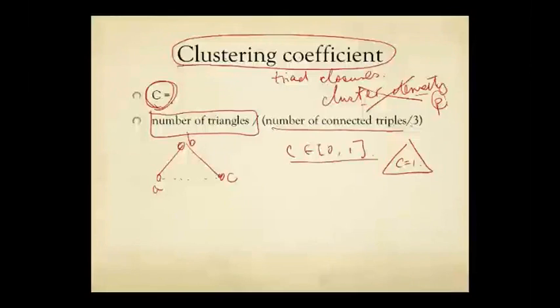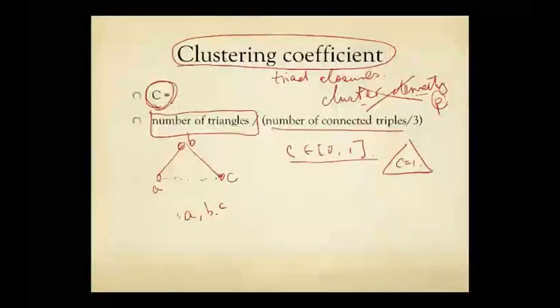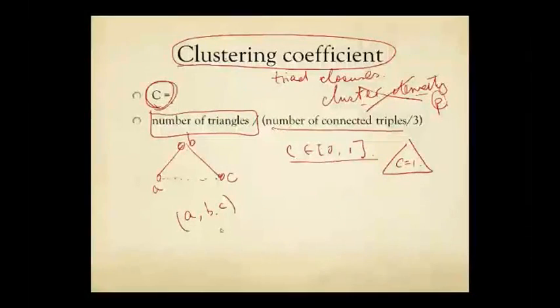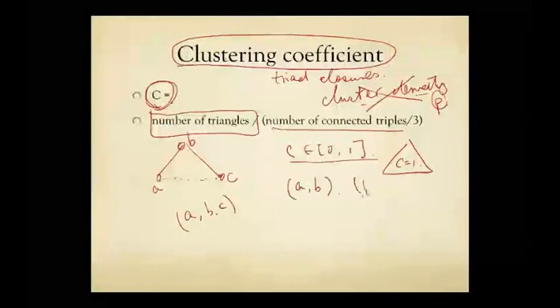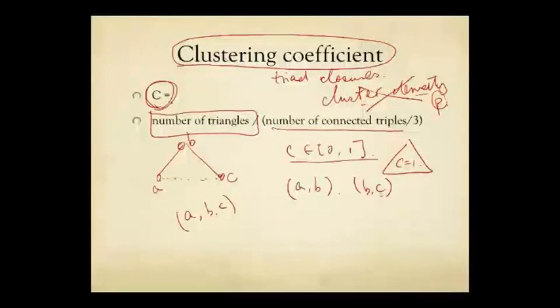Why? Because of different ways we count connected triples versus we count a number of triangles. If there is a link here, then the triangle exists. We call that a triangle ABC. We count it only once. But when we count a number of connected triples, we actually have to count AB and BC. Two links coexist, then there's this connected triple, whether there's a link AC or not.